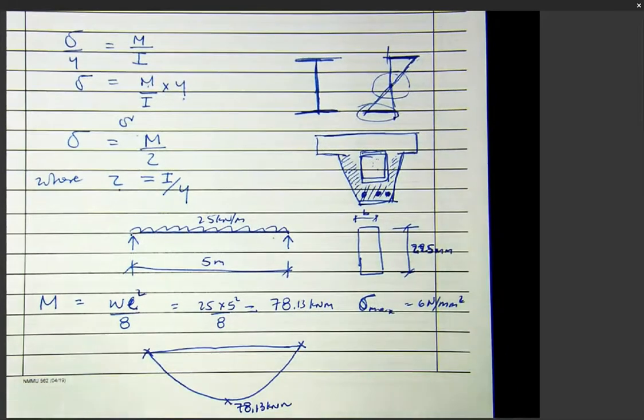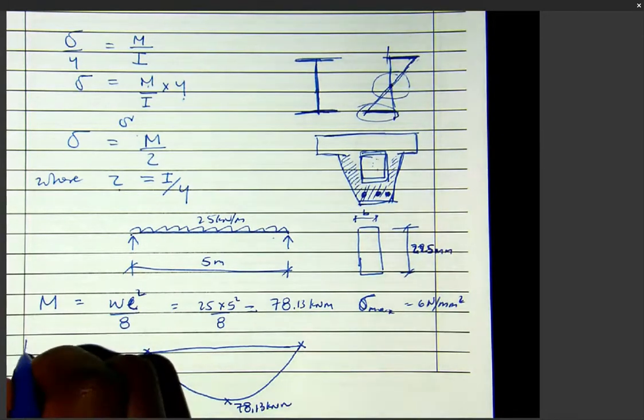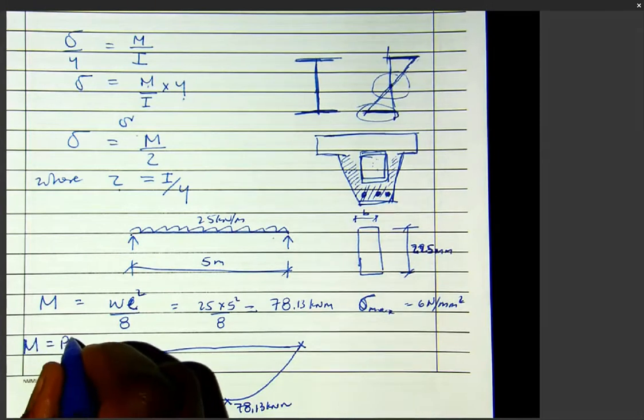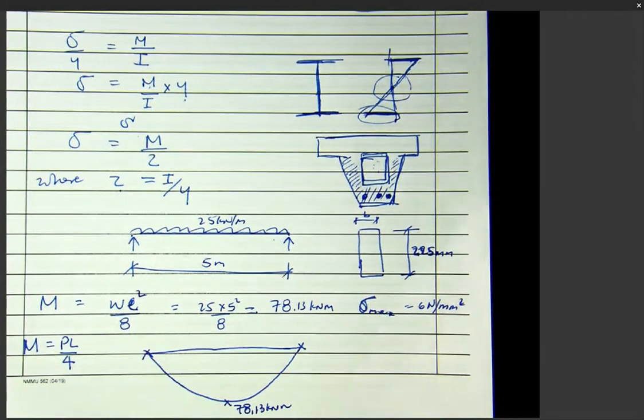So for a simply supported beam with a uniformly distributed load, your maximum moment in that beam is WL squared over 8. If it was a point load, it's PL over 4. Please don't confuse fixed end moments and the moments.